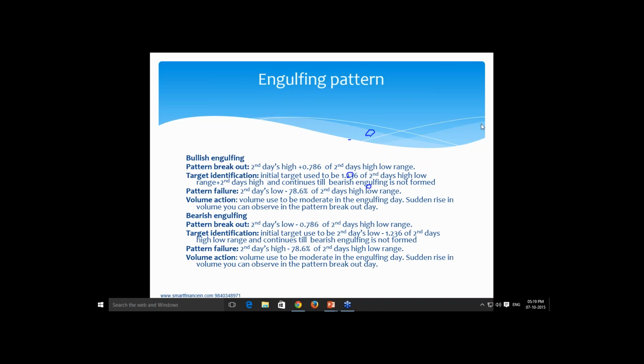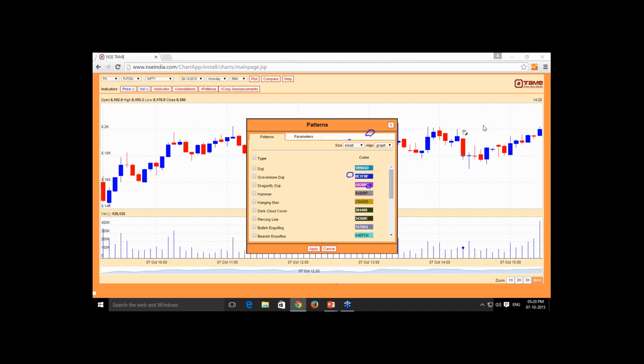I'll show you some more interesting features of this candlestick pattern also. If you are accessing futures and options, or cash also, you can see many patterns that they have given: dragonfly doji pattern, dark cloud cover, hammer, bullish engulfing, bearish engulfing.